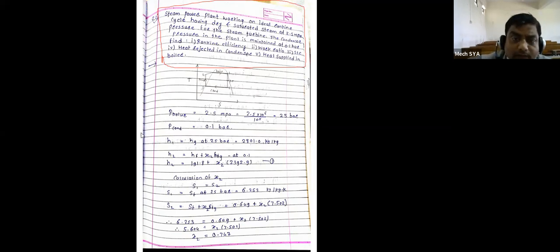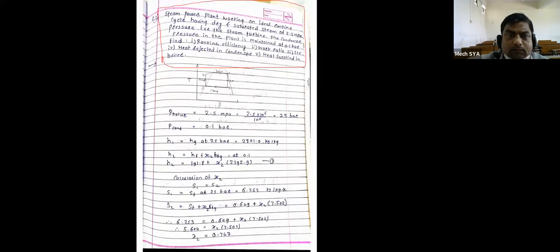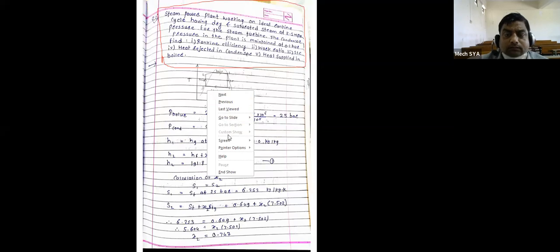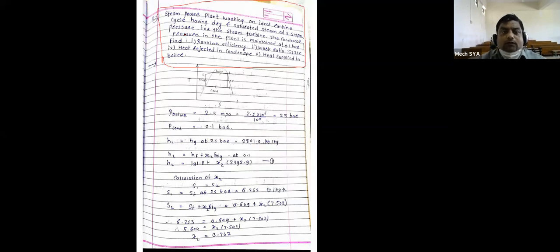Till time is there, so we'll go for some solution. So this is our diagram. It's a TS diagram we are going to draw. This is ideal Rankine cycle, therefore we should not consider any kind of losses.